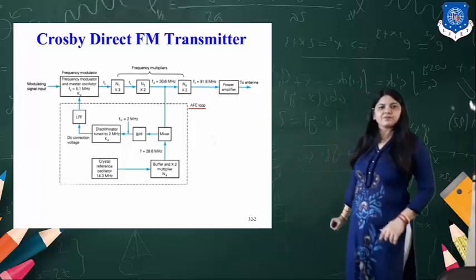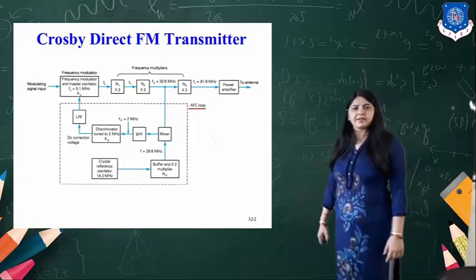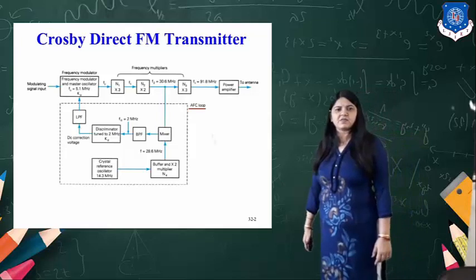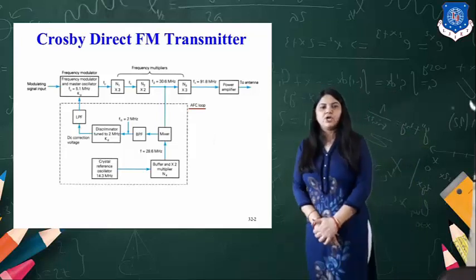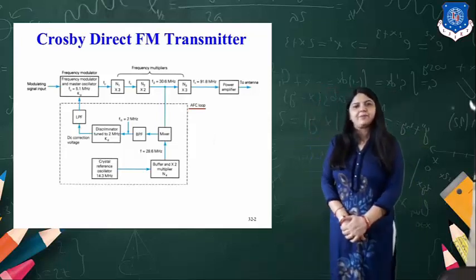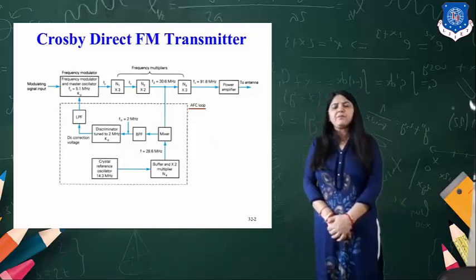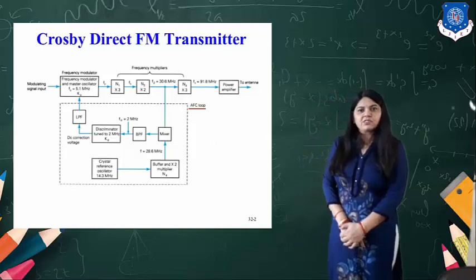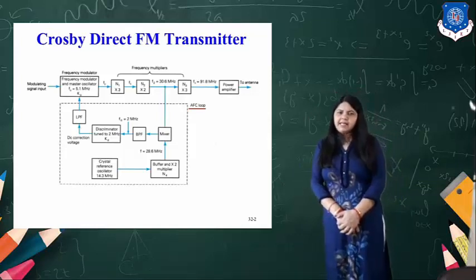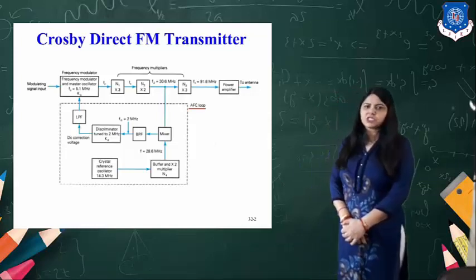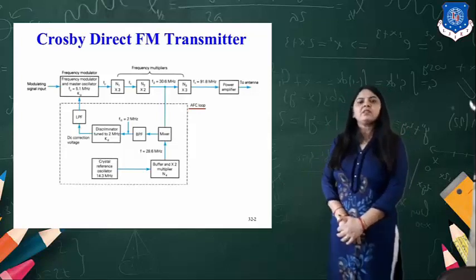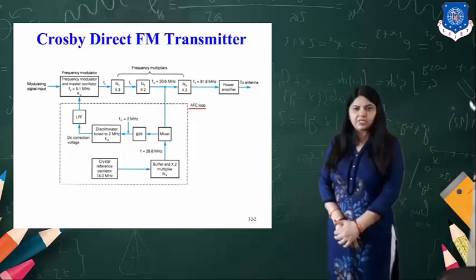Now the cross-bi-direct FM transmitter. In the case of the direct FM transmitter, the frequency of the carrier is directly proportional to the change in the modulating signal voltage.